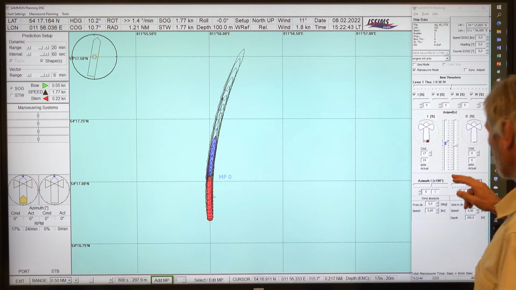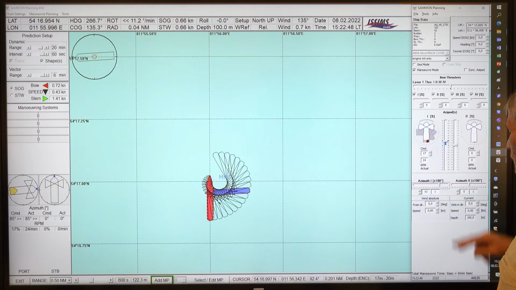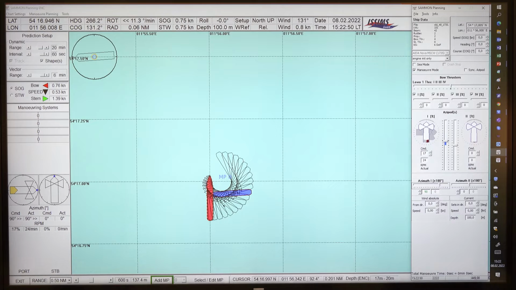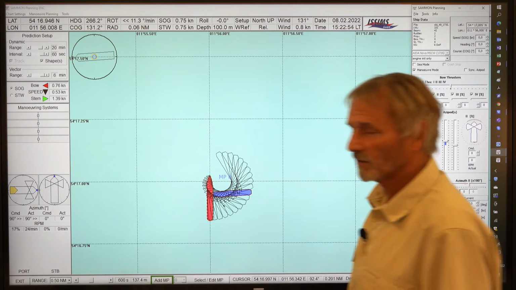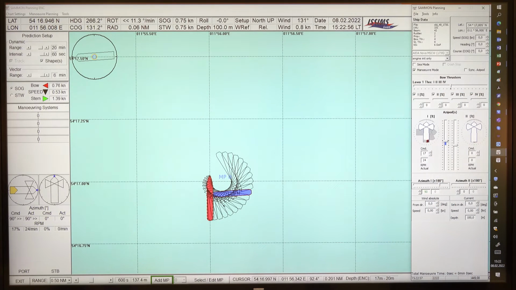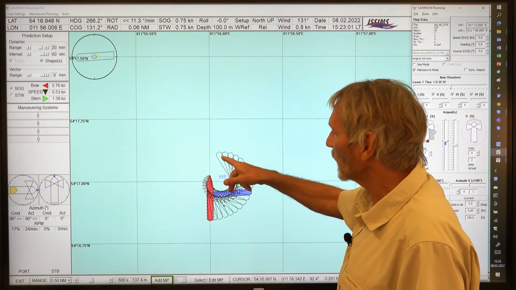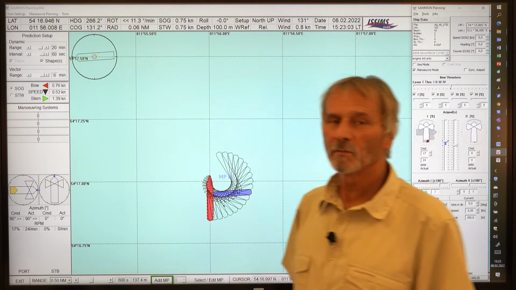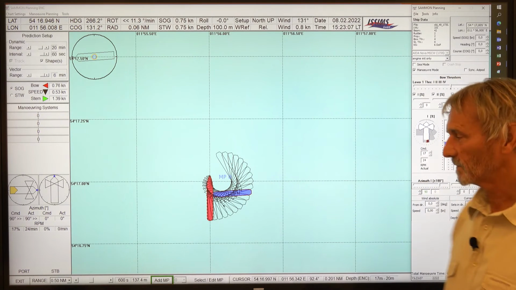So using this, for instance, at 90 degrees, it would look like this here. This is 90 degrees. So we see the maximum turning speed is 11 degrees per minute. And this is the position after 600 seconds. And the last shape here is after 20 minutes. Sorry, 600 seconds, it's 10 minutes, and 20 minutes.